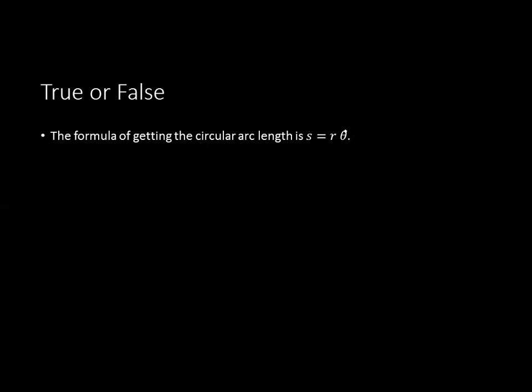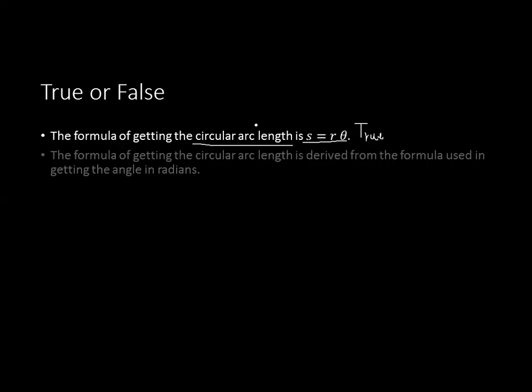So the answer here is obviously true, all right? Because based from our last discussion, this is the formula that you're going to use to find the circular arc length, all right?